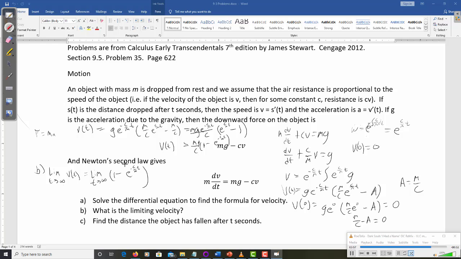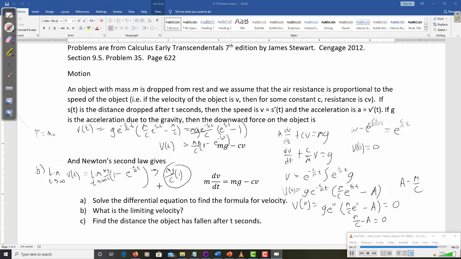So this is going to 0, and this is going to 1. So this goes to mg over c times 1, or just mg over c. So mg over c is the limiting velocity.